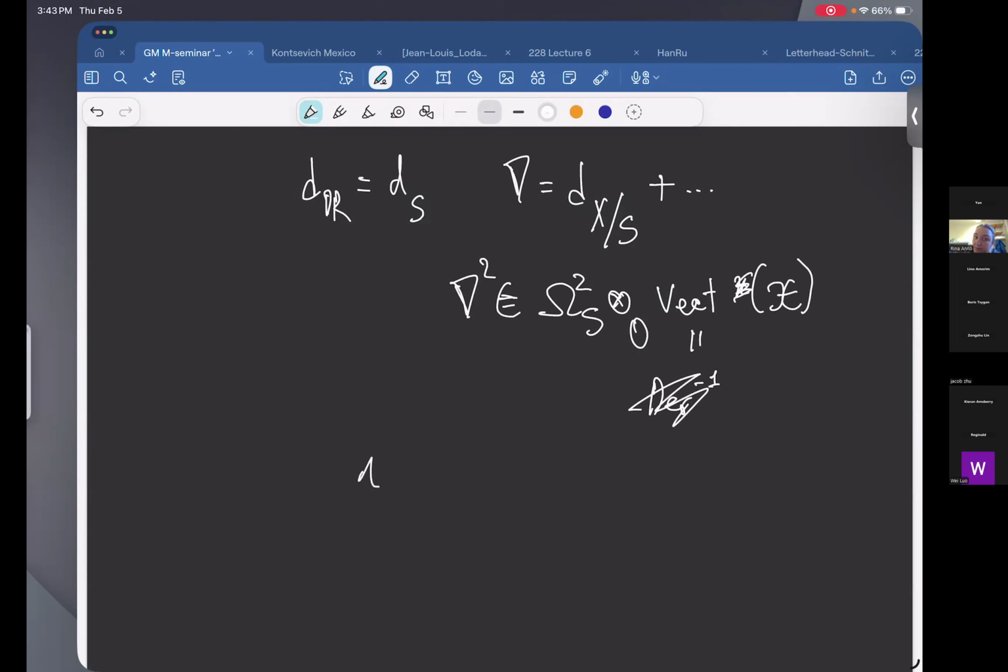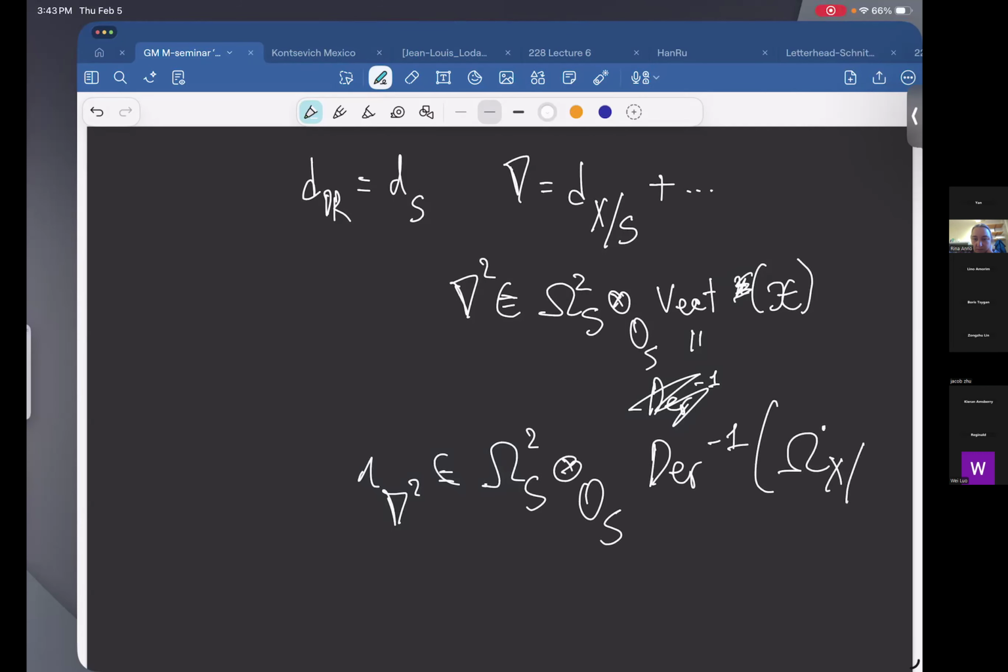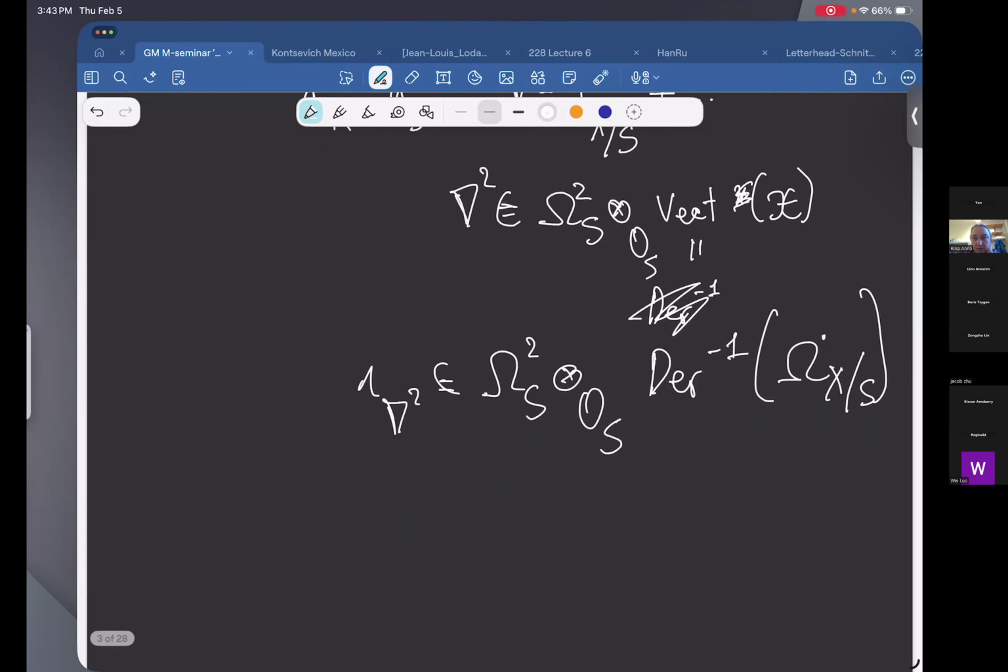I mean, iota delta square is an element of omega 2. Something like that.